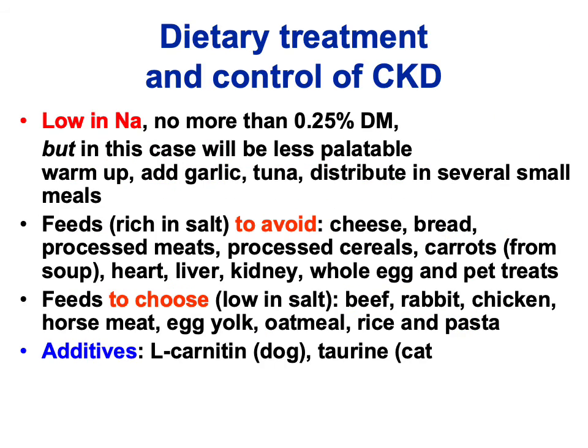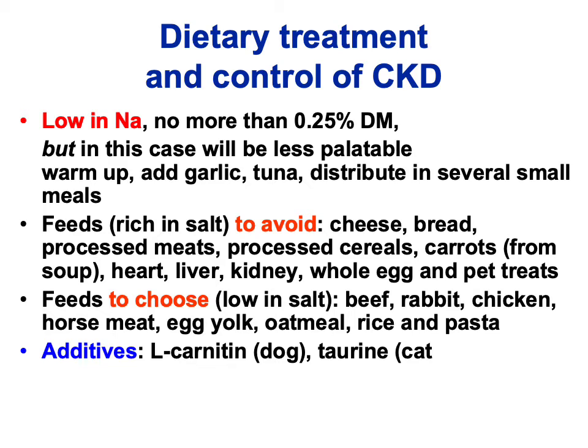The dietary treatment and control of chronic heart failure is a feed mixture low in sodium, no more than 0.25% of the dry matter, but in this case it will be less palatable.